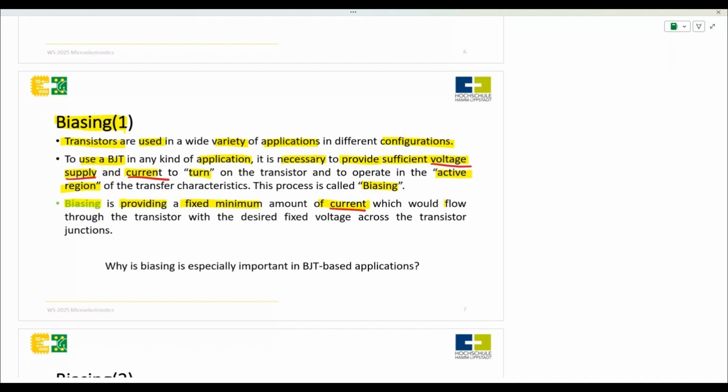As much as we have a fixed minimum amount of current, we will have a desired fixed voltage across the transistor junction.